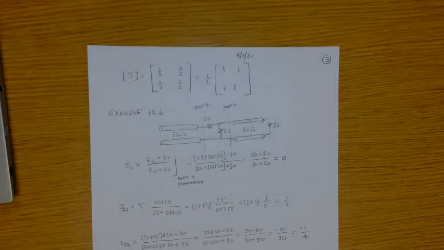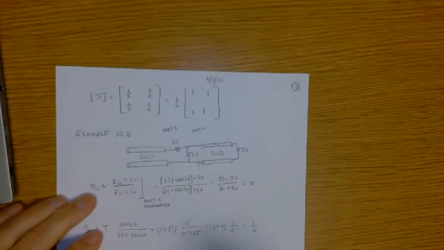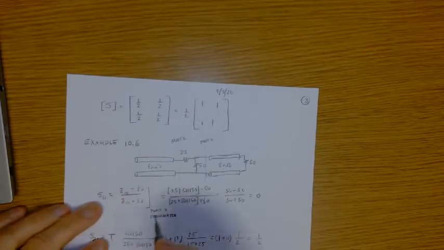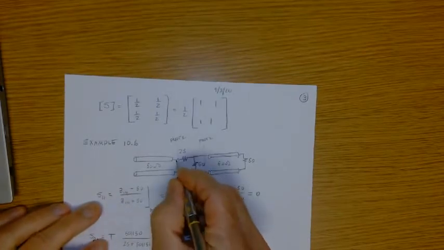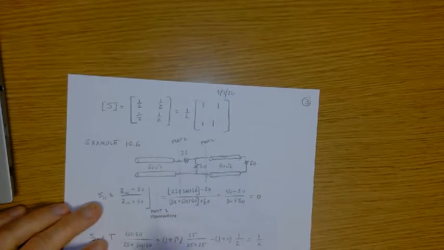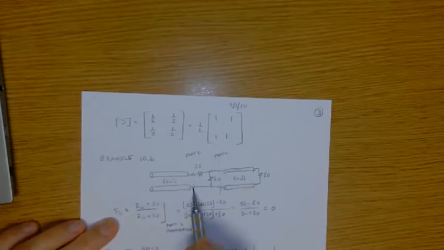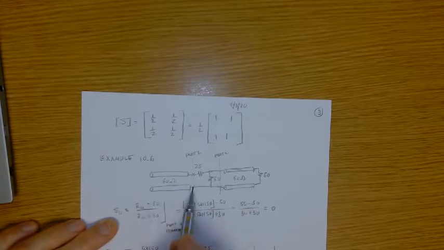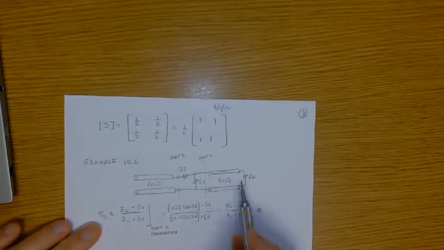Okay, so let's get S11, right? What is S11? It's going to be essentially the reflection coefficient at this point in the circuit, right? Which is Zn minus 50 over Zn plus 50, right? Where Zn is the impedance that this transmission line sees with this port terminated.